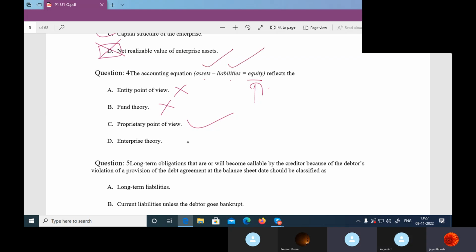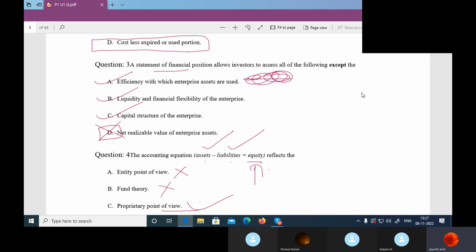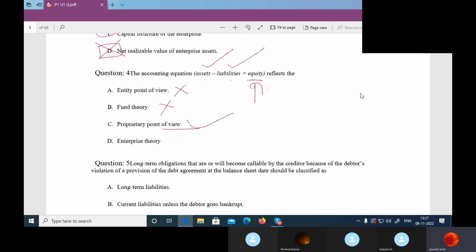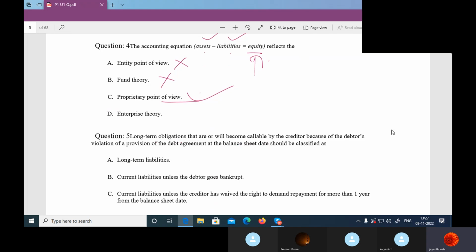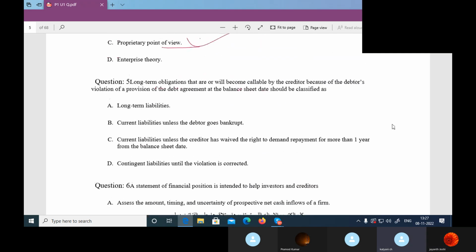Am I right? So proprietary point of view. You will know much more in detail if you read the textbook properly. Of course, the Hawk book may not give some of these details, so I can share Gleam's textbook with you so that whenever you solve Gleam questions, you can read that once and do the questions, correct? Okay, I'll share it.